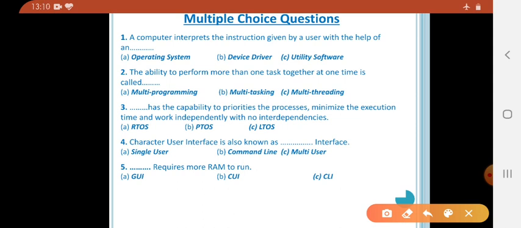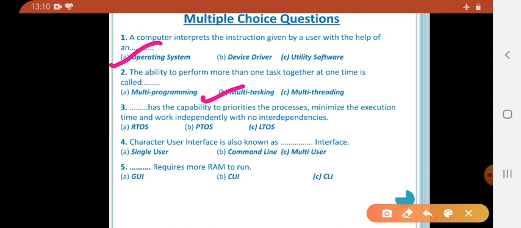A computer interprets the instructions given by a user with the help of an, what will be the answer? It should be operating system. The ability to perform more than one task together at one time is called, yes, it is multitasking.